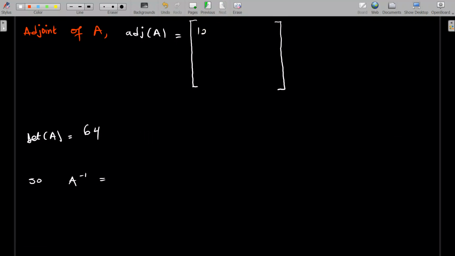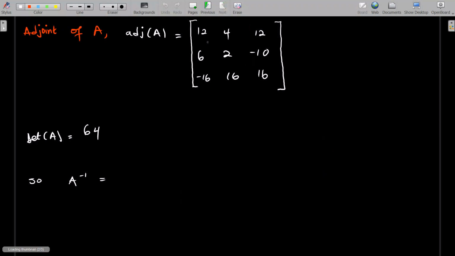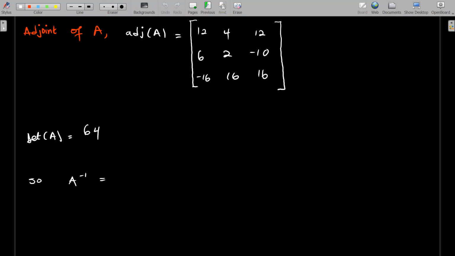If you transpose it properly, you're going to get 12, 4, 12 again, 6, 2, -10, -16, 16, 16. So what the transpose does is it picks all these columns and writes each as a row. So I have 12, 4, 12 as a row, and you pick the second column, write it as the next row, pick the third column, write it as the last row.